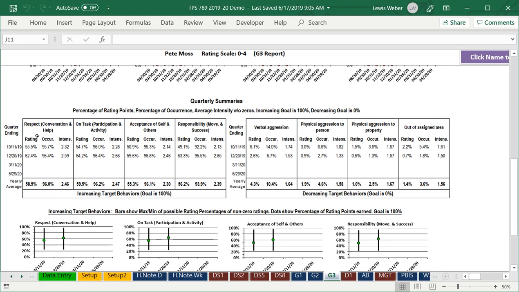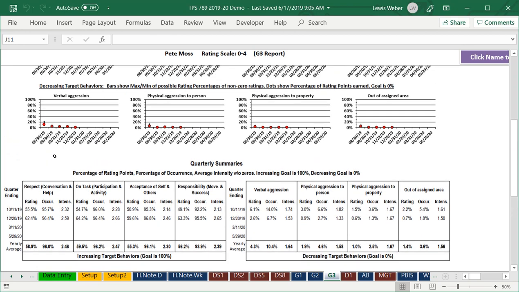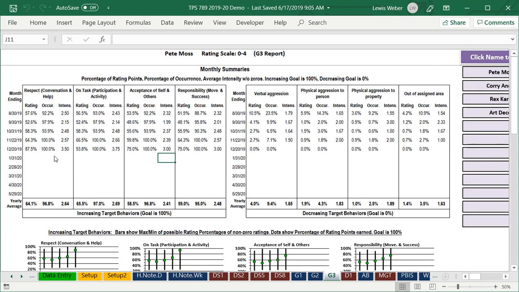Then I'm going to come down here and show you that we can also look at these same numbers on a quarterly basis, which is really handy to be able to do because we often want to review performance on a quarterly basis. I will point out something else.